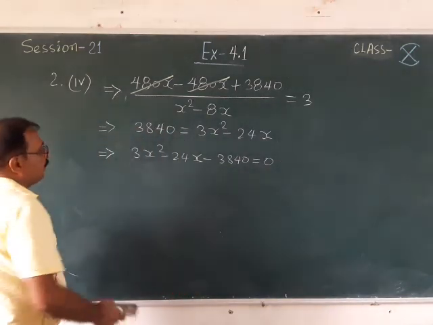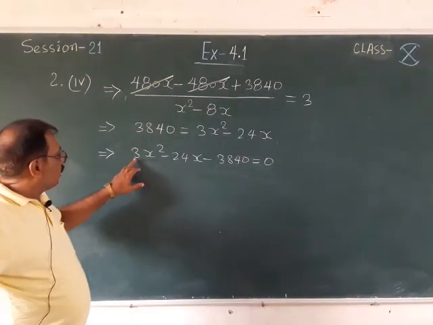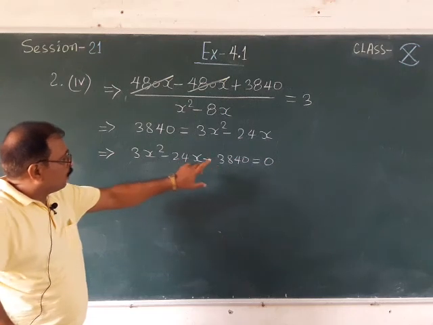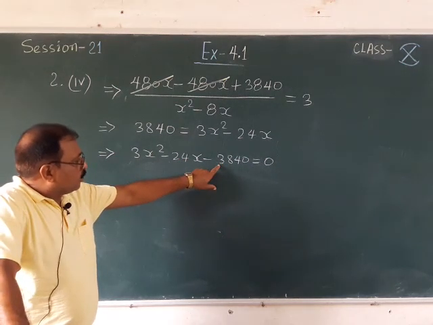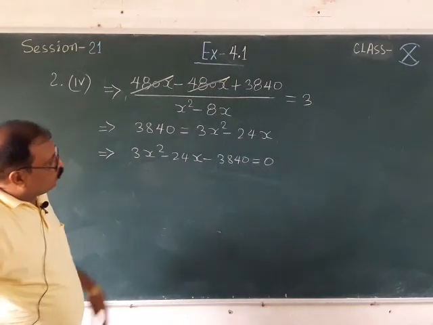whether it is divisible by the number 3 or not. 3 can divide 24 also, and here 8 and 3 is 11, plus 4 is 15.